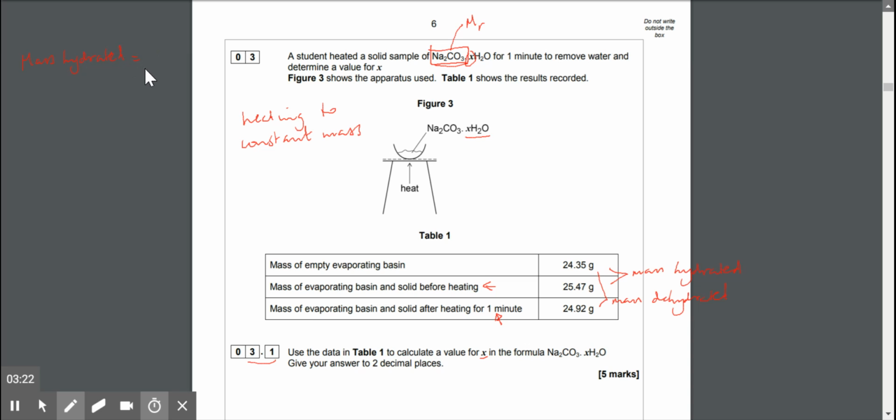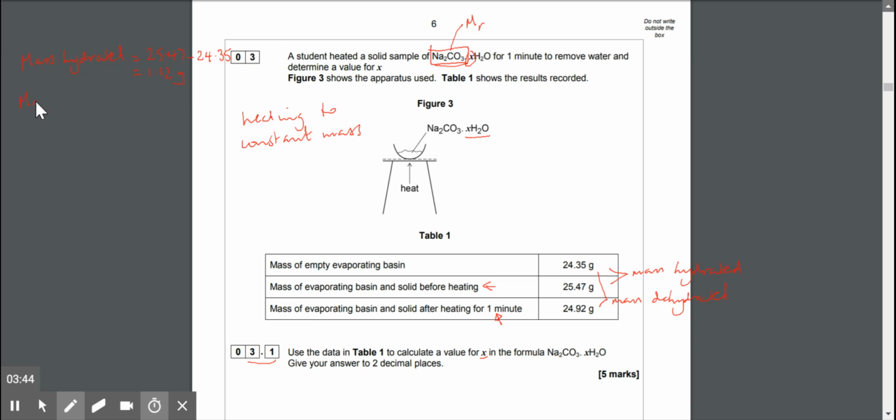So the mass of the hydrated is going to be 25.47 take 24.35. And that is 1.12 grams. And in the same way, we might as well work out the mass of the dehydrated.